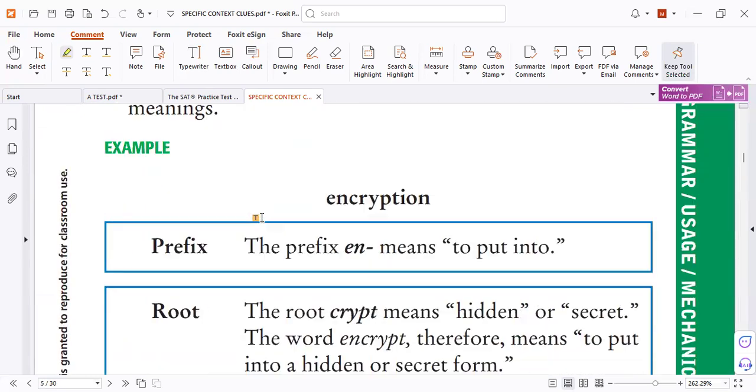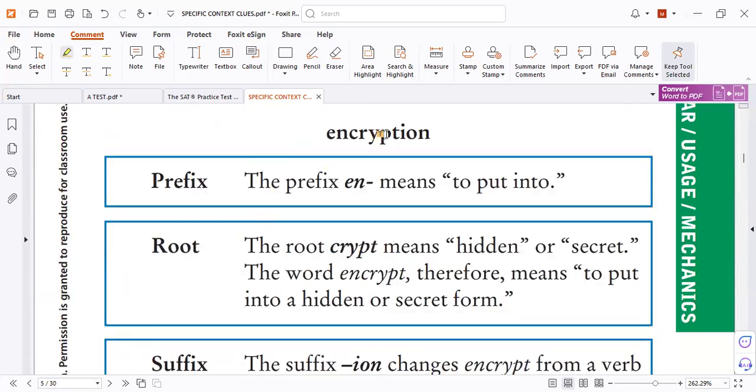Look, for example, I don't know what encryption means the first time. But I studied in linguistics that en refers to verb or noun, and the n means to put into something. Crypt means hidden, or to keep in a secret place. And this is a noun. So encryption is like putting something in a secret place or a secret form.